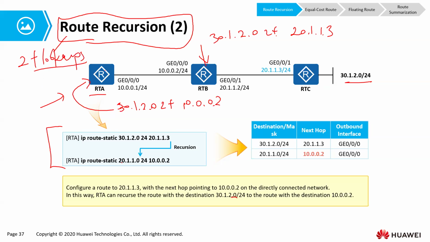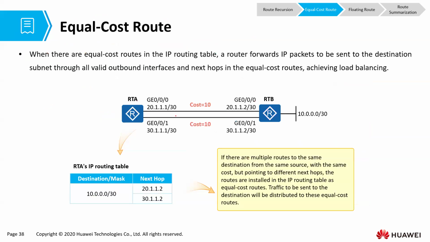For a destination network, I just look for the matching entry and forward there. But for route recursion, that's not the case. You look for the matching entry, but the next hop is not on a directly connected interface. Then we have to have a second look at the routing table to find the next hop and how you get there using this. So that's multiple lookups. I think that is what defines recursion basically.